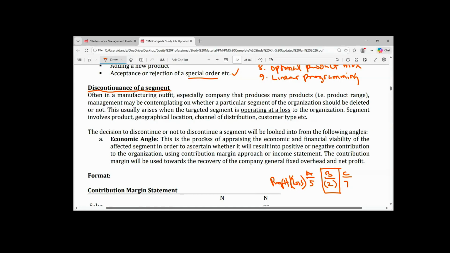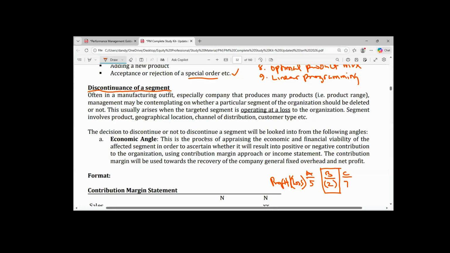Now, when you talk about discontinuance of a segment, often in a manufacturing outfit, management may be contemplating on whether or not a particular segment, including types of customer, geographical location, channel of distribution, or products should be discontinued or not.